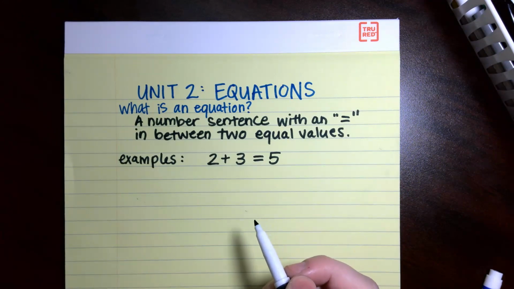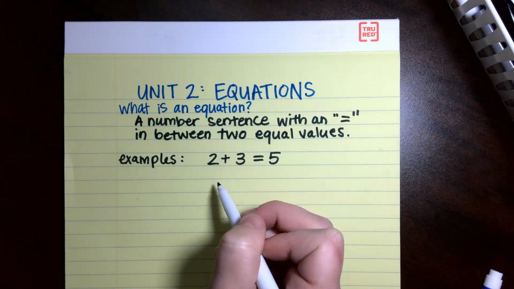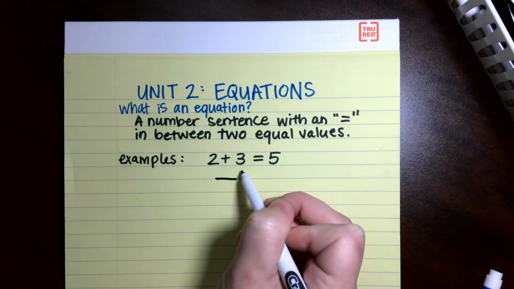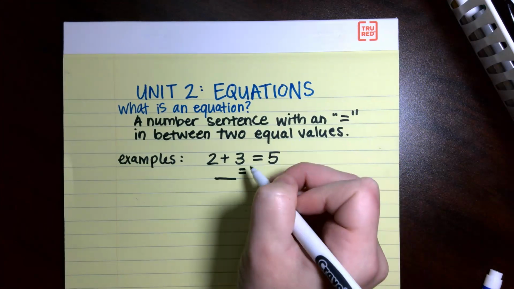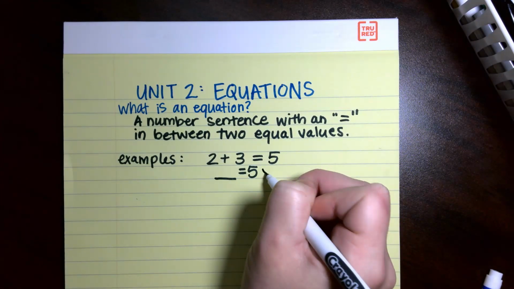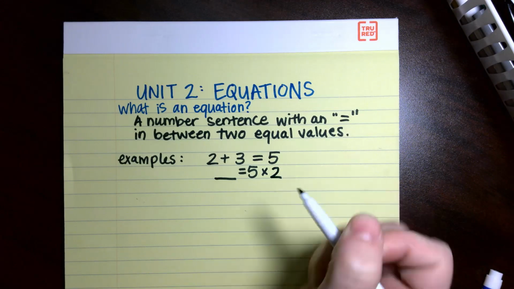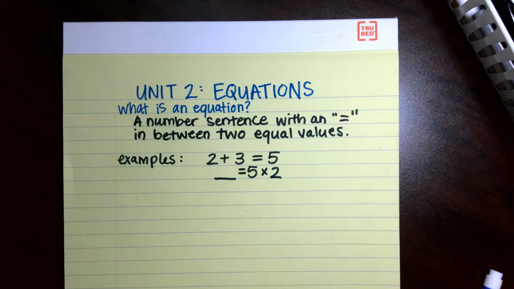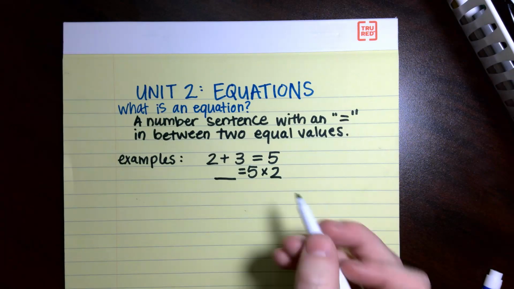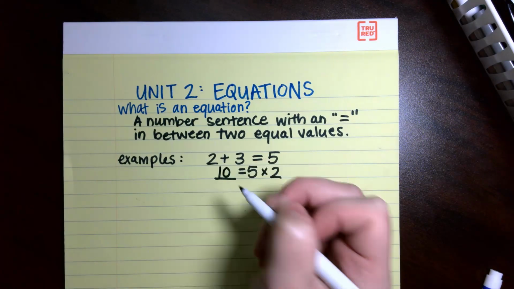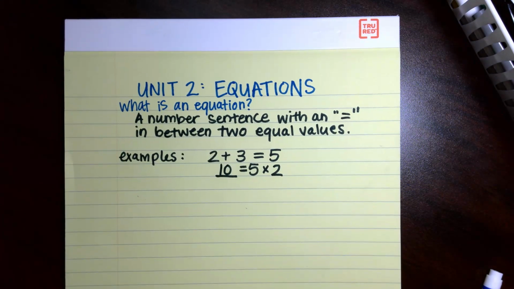Now, what if I were to give you some blanks to fill in? I want you to tell me what number would I need to write to make this a true equation? 10. 5 times 2 is equal to 10. Perfect. So there's another equation.